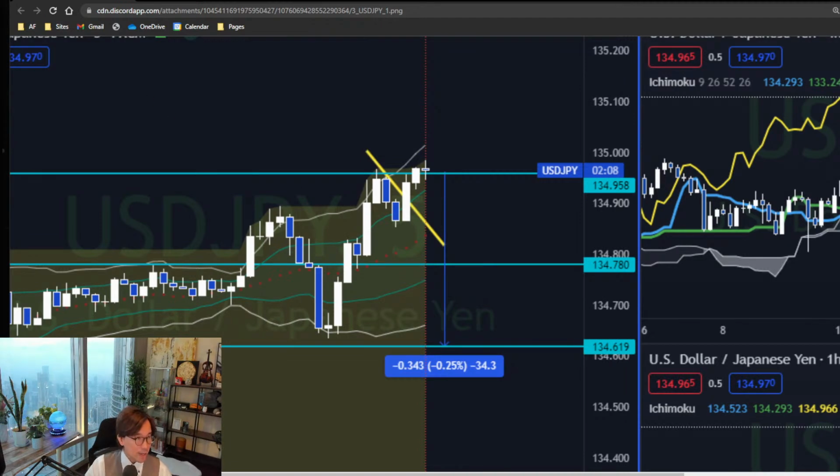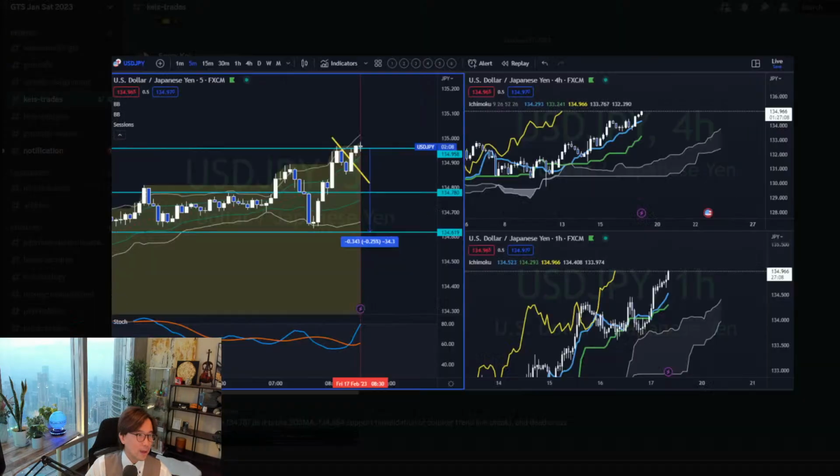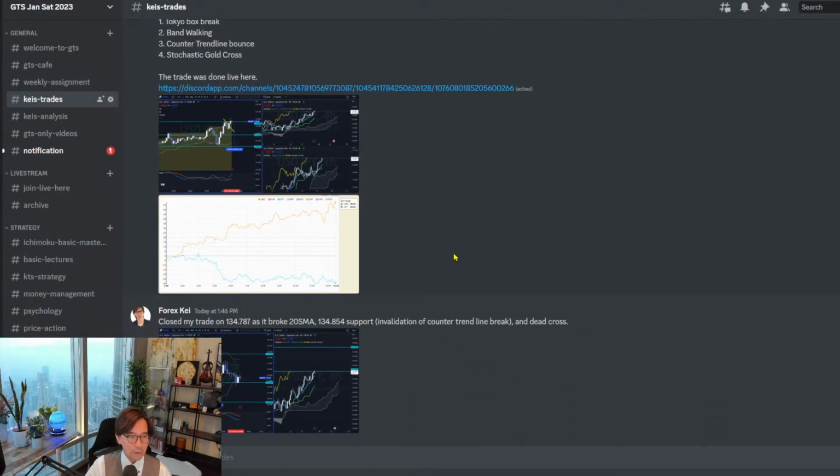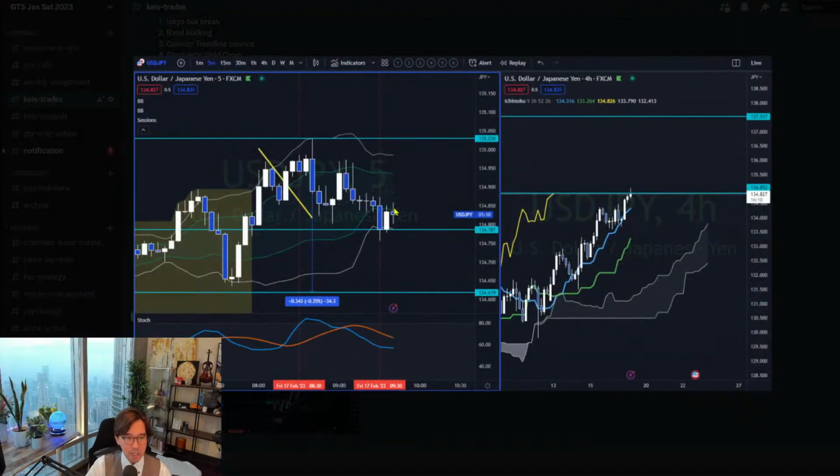In terms of my exits, after that I monitored the chart for a while, and then the market unfortunately went back. As the market retraced back, we have to look for an exit timing. I exited exactly on this blue bearish candlestick.